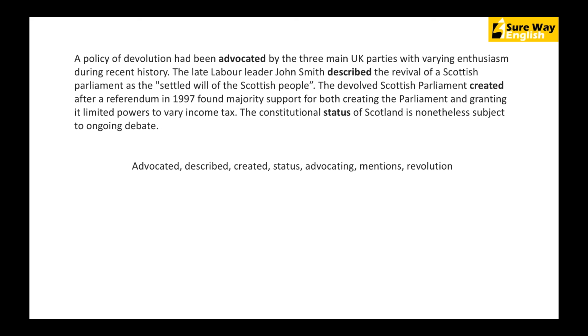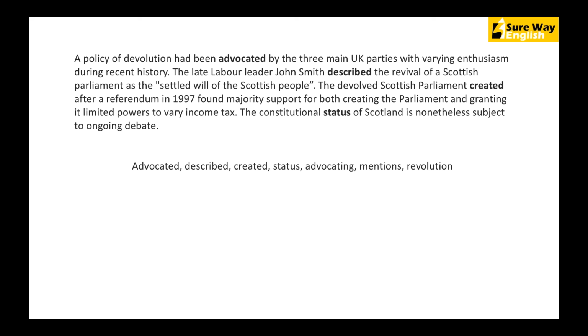Second, "had been described" can also go there, and "had been created" can also go there. But logically, when you think what the parties will do with varying enthusiasm, three different parties will not create a policy. So that doesn't make any sense. And a policy of devolution, they will not just describe. So it is advocated.